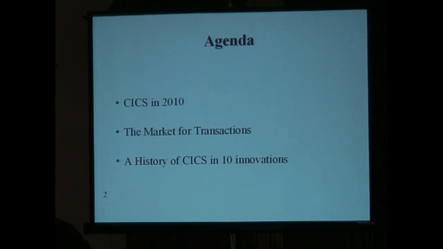I'll go over some of the things you've heard before, but in perhaps slightly more detail. What were the key innovations that CICS introduced to the marketplace that enabled it to continue to be successful?